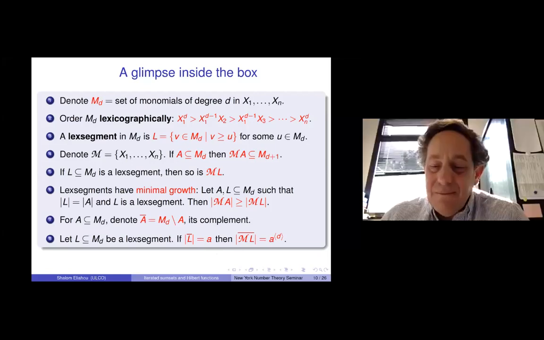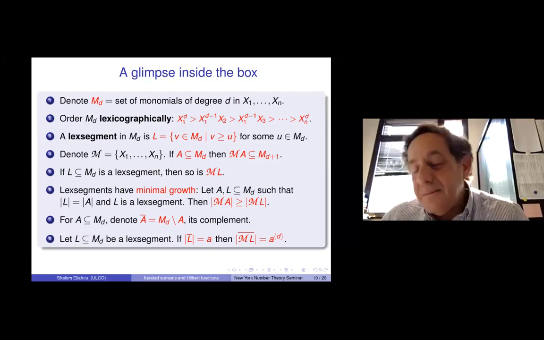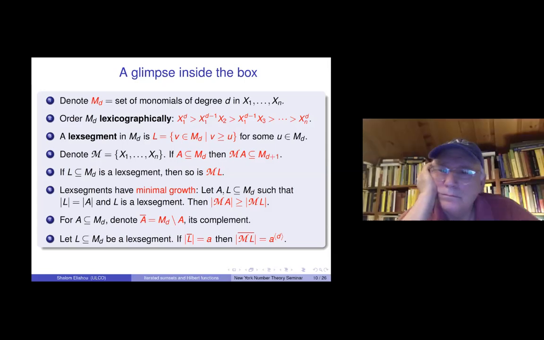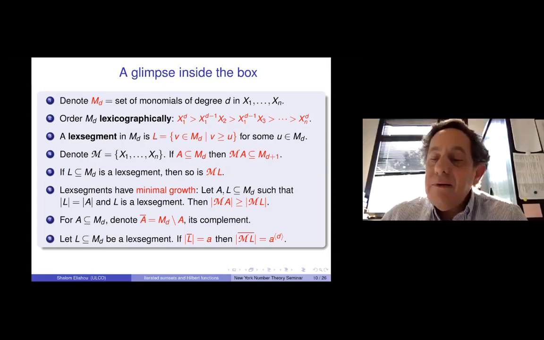This is where it comes from. This is how Macaulay invented that operation, exactly by doing these counts. And in fact, if you gather all these observations, then these are the ingredients in Macaulay's theorem.